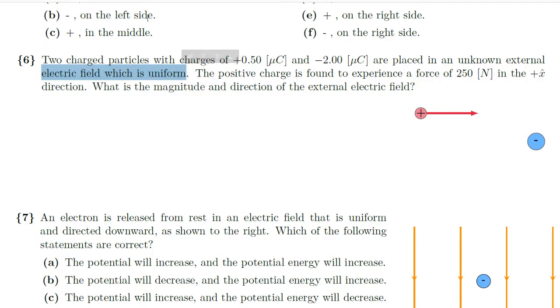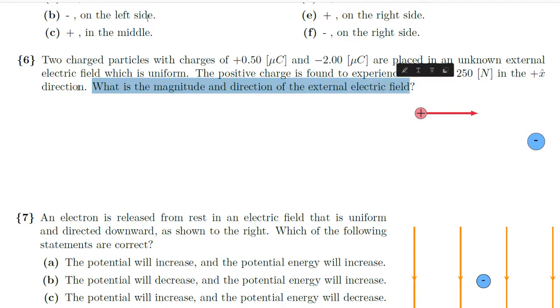The positive charge is found to experience a force of 250 newtons in the positive x direction. Assume standard coordinate system here, so to the right is positive x, and this little diagram also tells you the force is to the right, so that's the positive x. What is the magnitude and direction of the external electric field? Any thoughts on that?